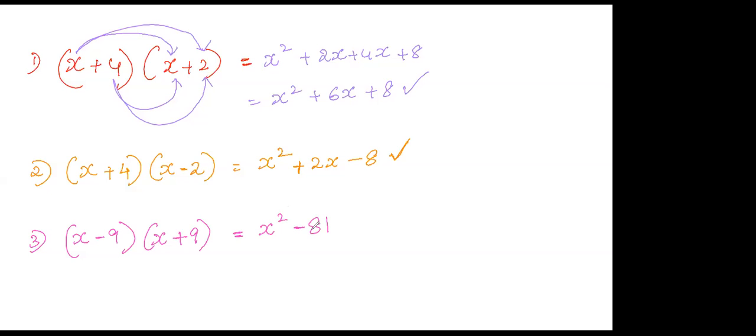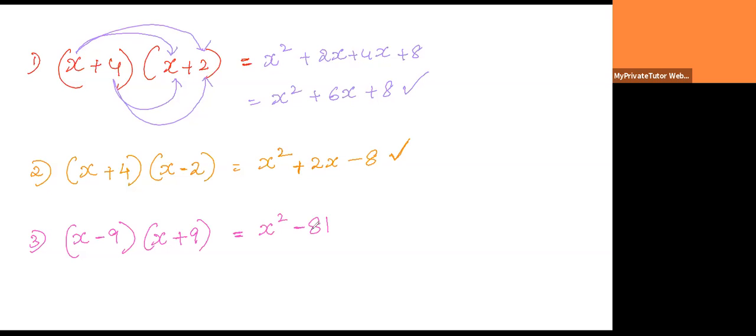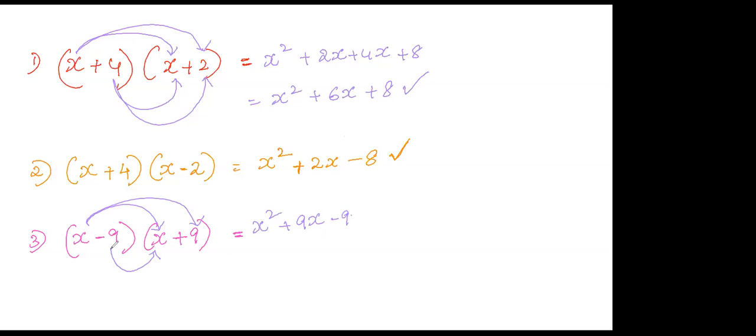I will tell you the reason though. So just have a look at this. You need to multiply x and x. So x squared. x and 9: x times 9 is plus 9x. And minus 9 times x is minus 9x. And finally, minus 9 times plus 9 becomes minus 81.